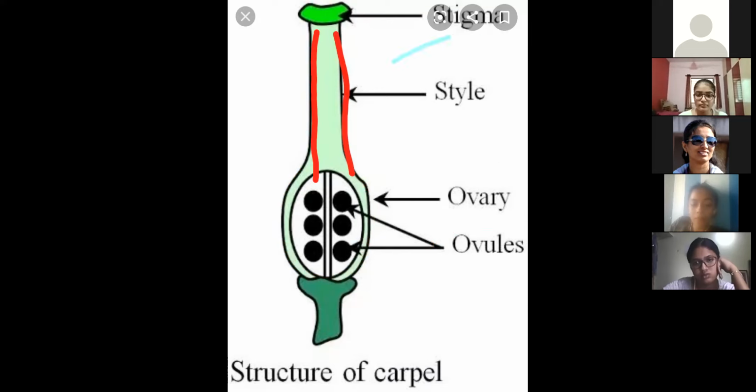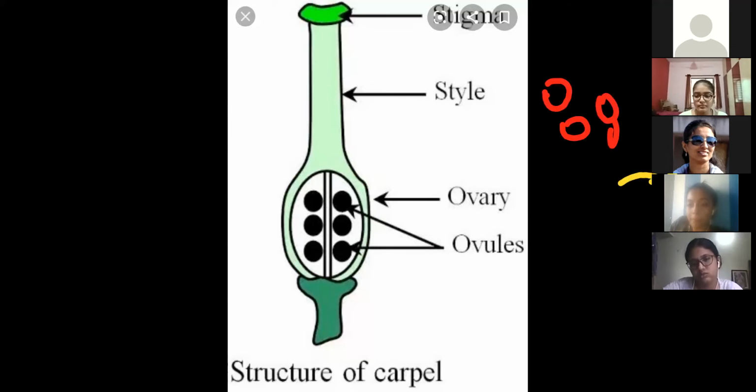Then the topmost part we call stigma. When pollination occurs, when pollen reaches the female flower, right? First it sits on the stigma, and stigma has the receptivity for these pollen grains.